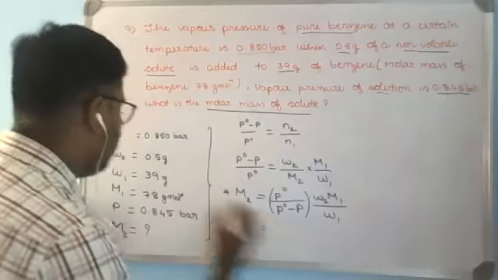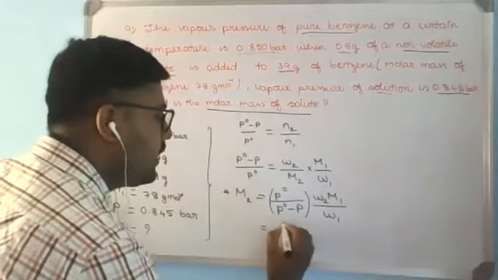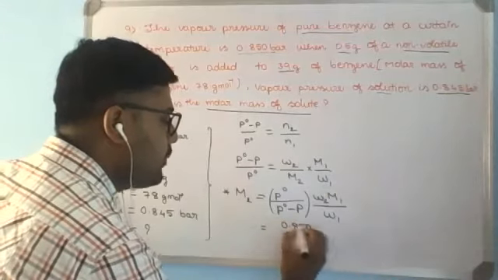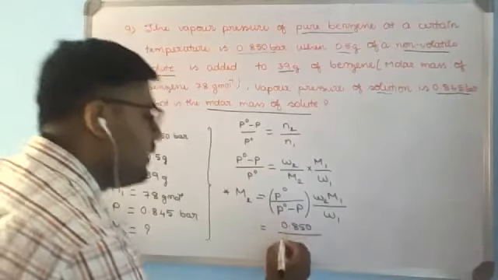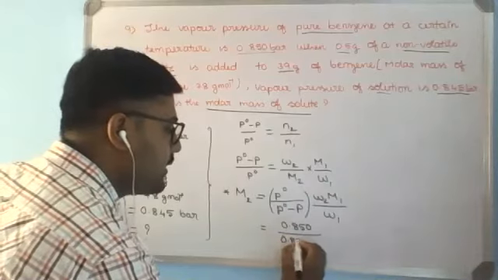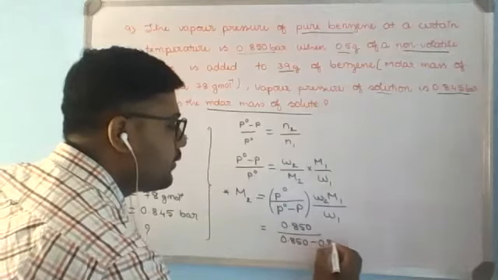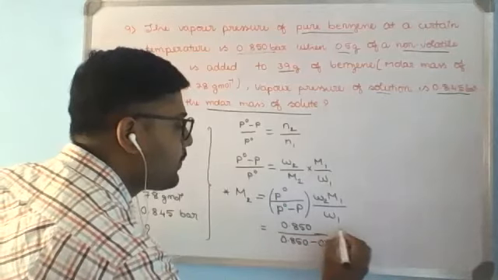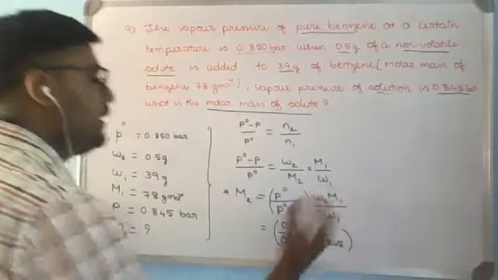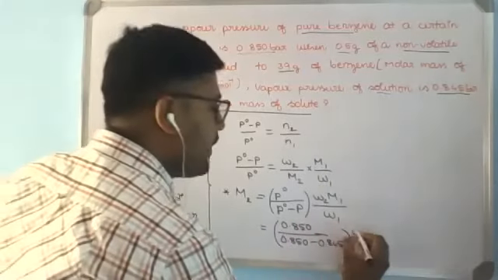Now P naught is 0.850. P naught is again 0.850, minus P, that is 0.845. Then W2 is 0.5.